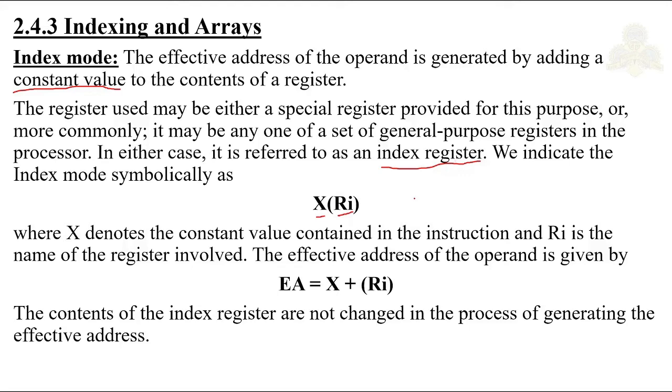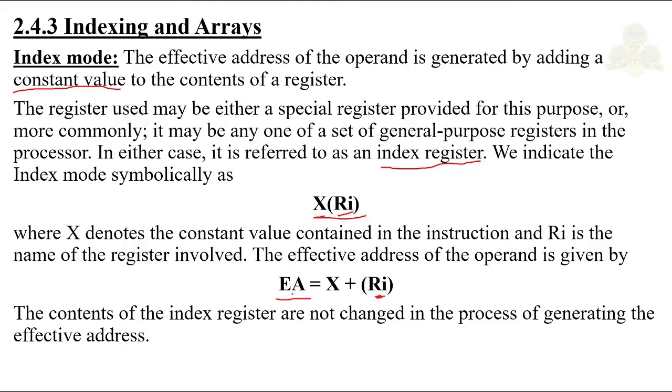And how do we symbolically write index mode? Like this, X(Ri), where X is a constant. The constant has to be added to the contents of the register, and whatever address we get gives the address of the operand. So the effective address is equal to X plus [Ri], where the bracket represents the contents of Ri.